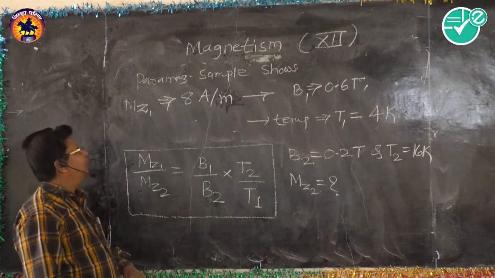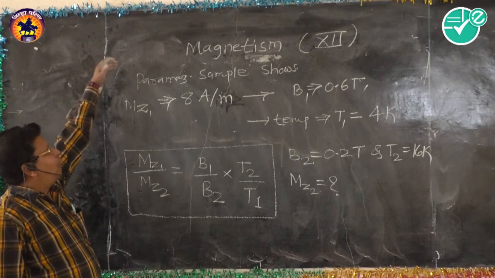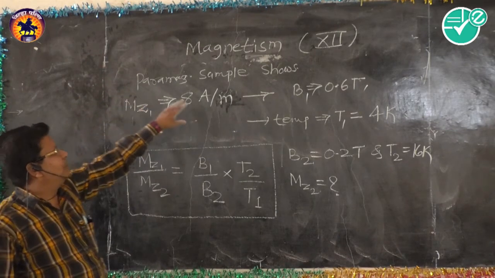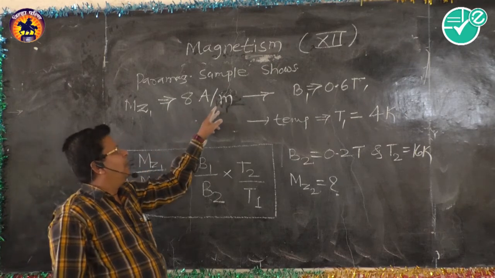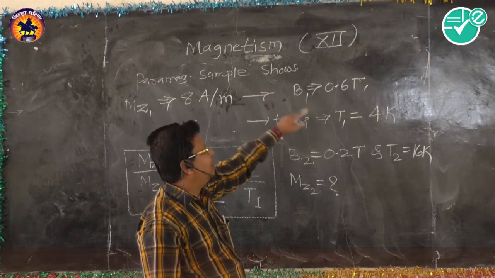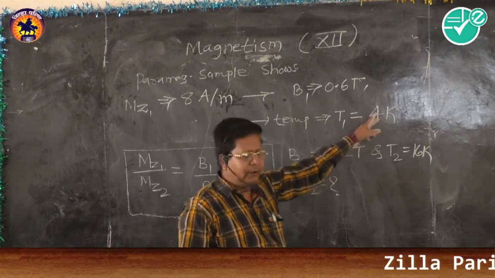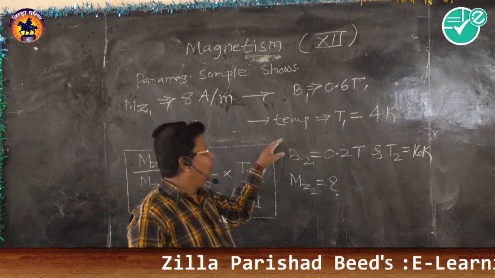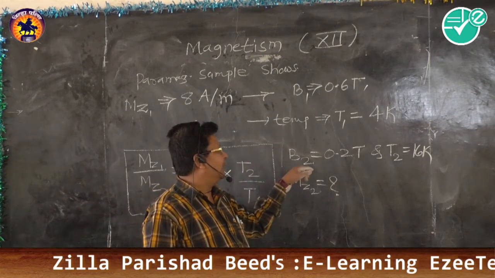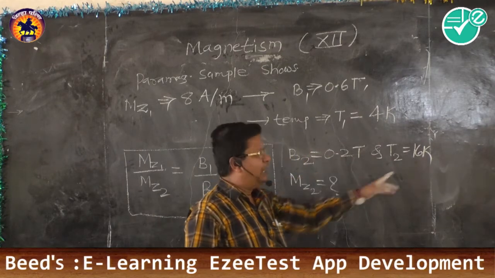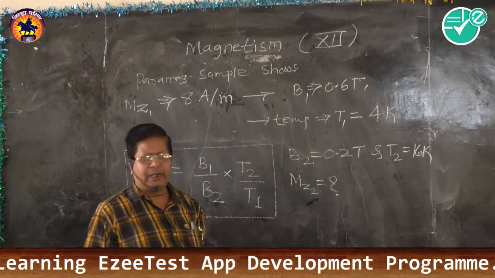So this is our numerical: a paramagnetic sample shows magnetization of 8 ampere per meter when the magnetic field is 0.6 Tesla and temperature is 4 Kelvin, and for another magnetic field induction of 0.2 Tesla and temperature of 16 Kelvin, we have to calculate Mz2.